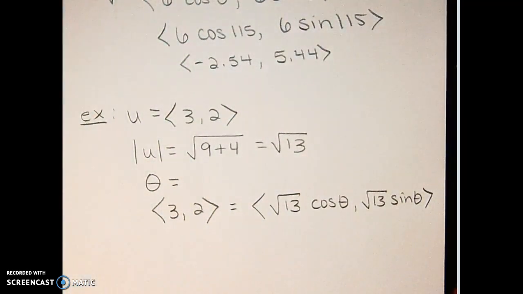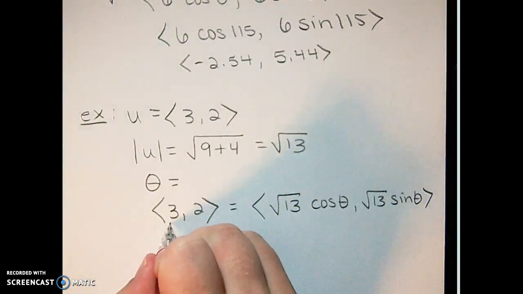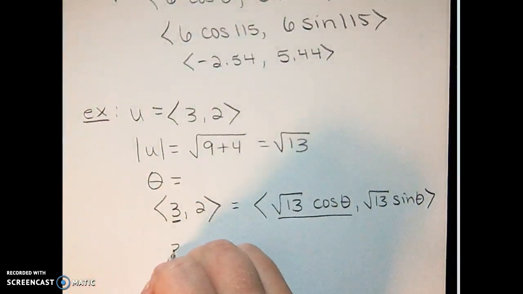Now, theta is the same for both of these, no matter what. So we can use either sine or cosine. You need to be careful making sure that you are in the right quadrant with these angles, because remember, to find an angle, we're using the inverse, and you know sometimes that gets a little tricky. So for this one, we are in Q1. So I'm just going to say 3 equals the x component.